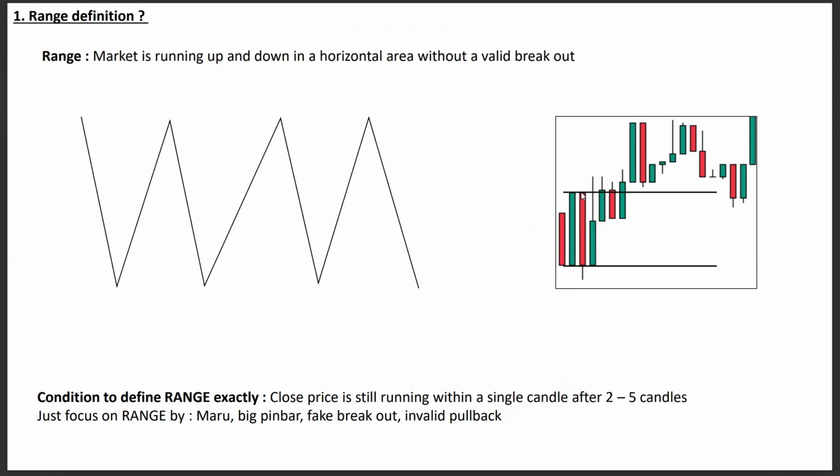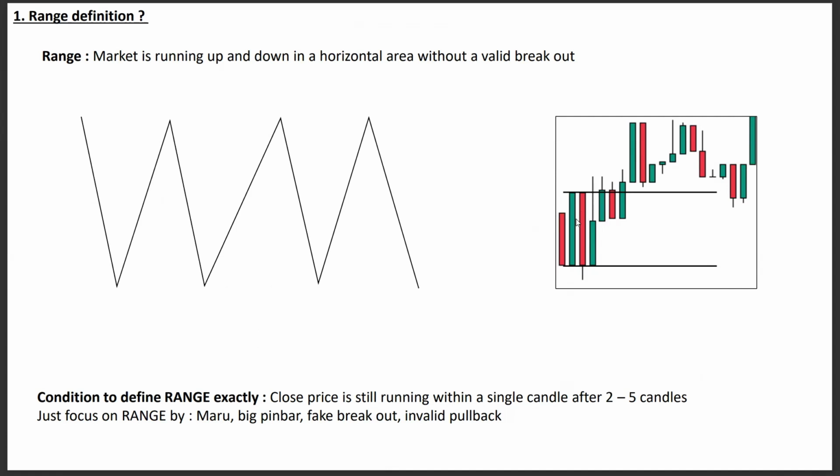Then a bearish candle opens from here and closes below. You can see that everything is happening within this first candle. Then this other candle opens from below, closes here. This one opens from below, closes here again, opens here, closes at the bottom. So everything is happening within these first two candles. This is a range.